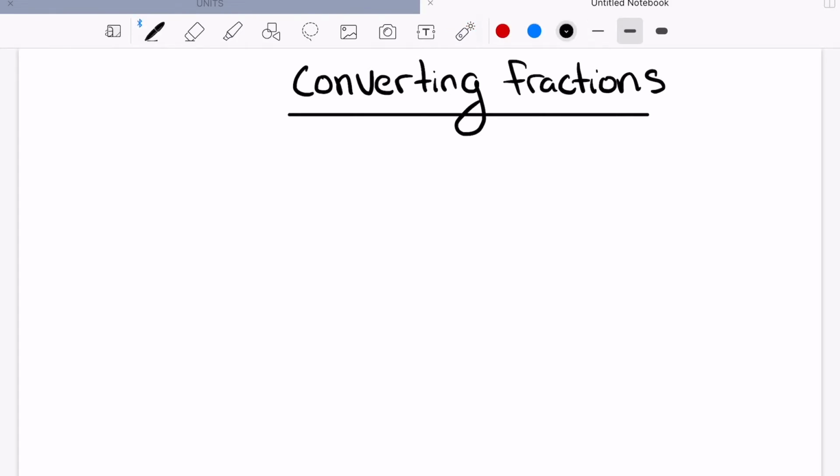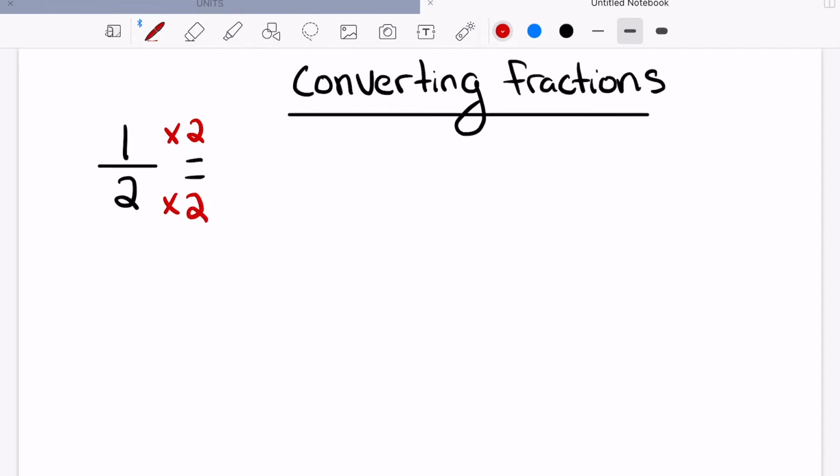If I have 1/2, what can I do to make the same fraction? What we can do is use multiplication. I can do times 2.